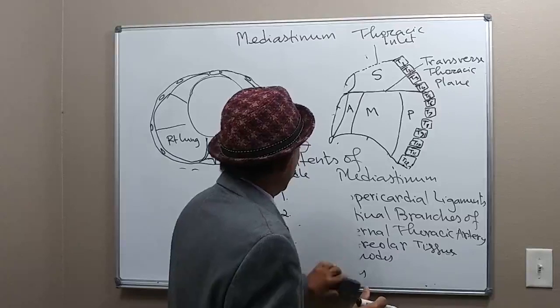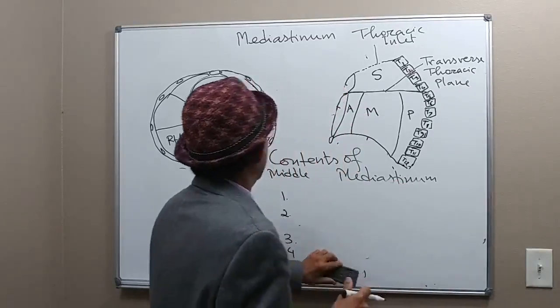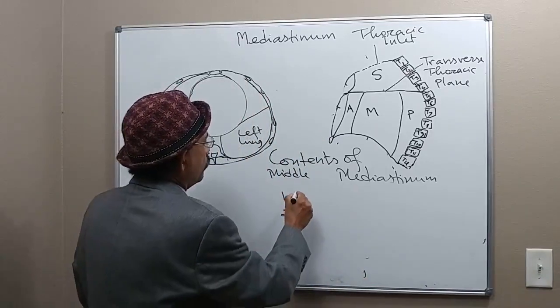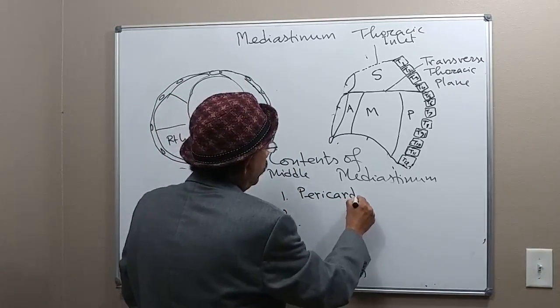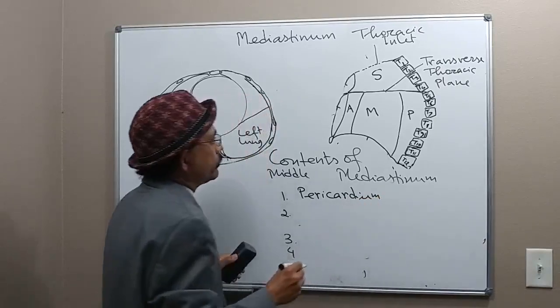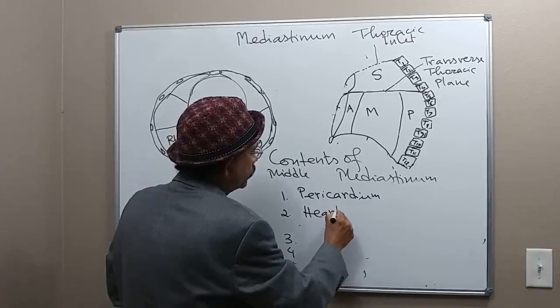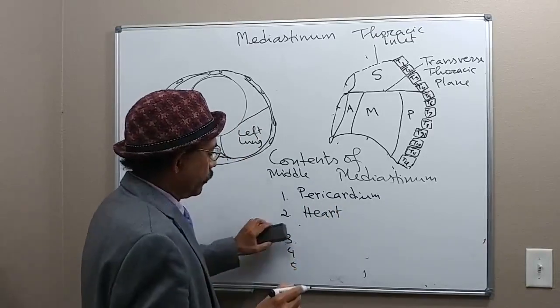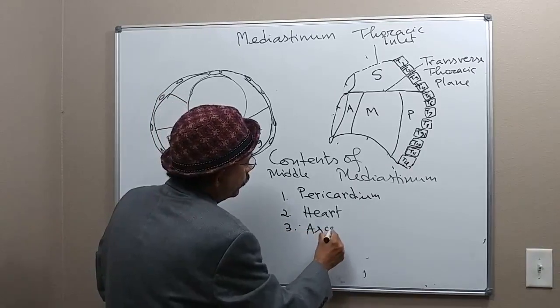Certainly we get different contents here, like the pericardium. The heart certainly is the most important content, and the root of the great vessels like the ascending aorta.